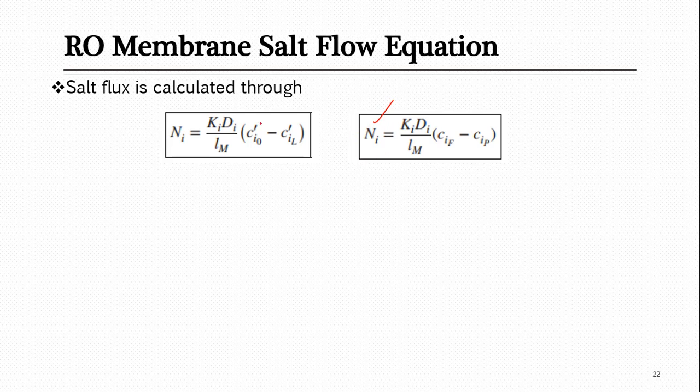That's this same equation, and I will just explain it because they are similar. Based on the given concentration, this equation can be modified, like here it is Ci naught and CiL, but usually we have feed and permeate and we calculate their concentrations, because molarity is also a unit of concentration.